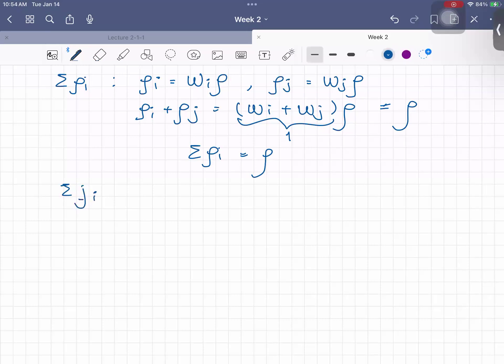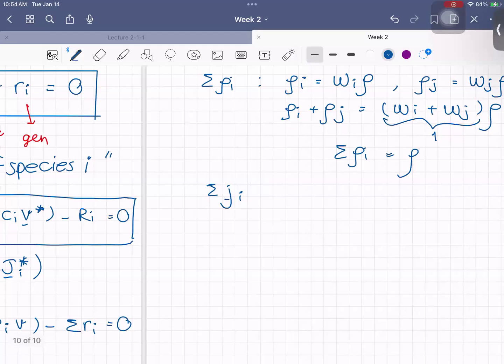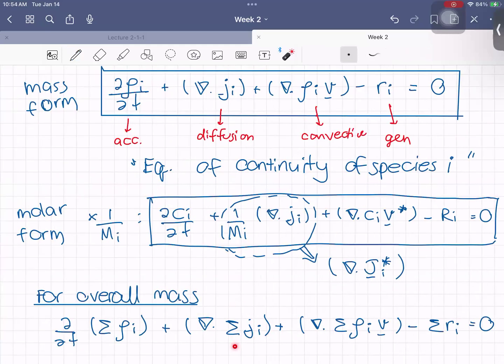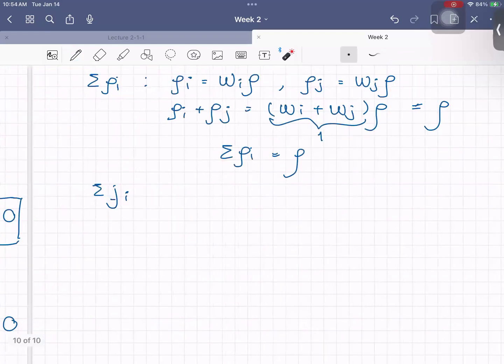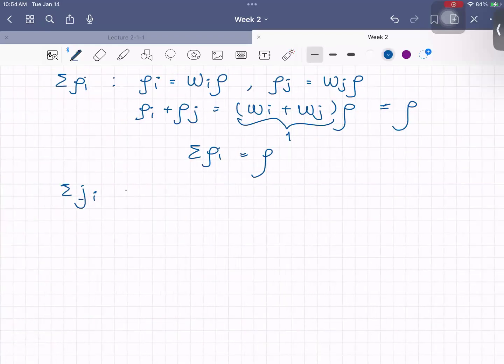All right, next term is sigma j_i, which is this one. Let's find out how much it is. Same thing, it's going to be, let's say, j_A plus j_B.